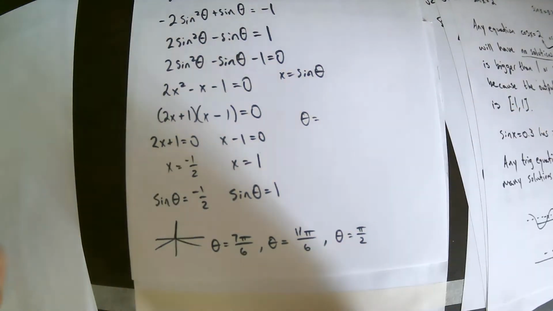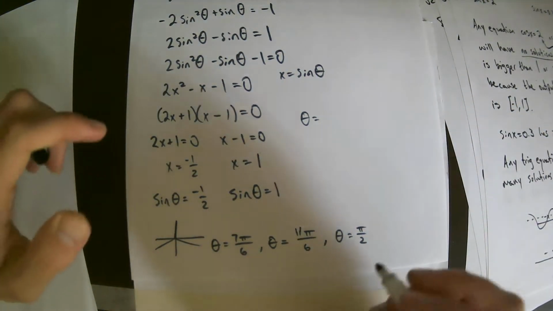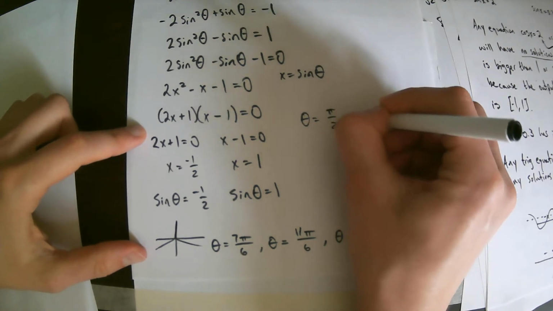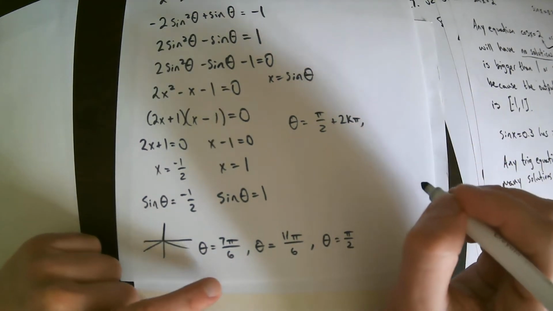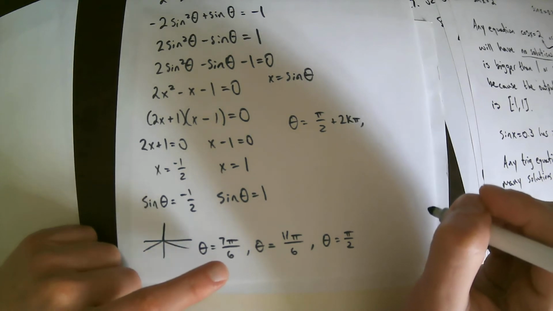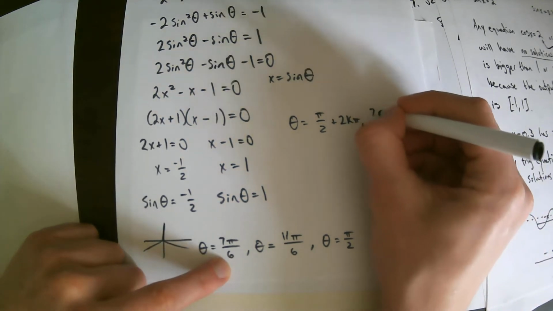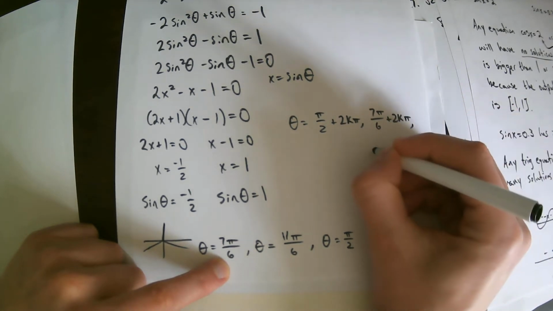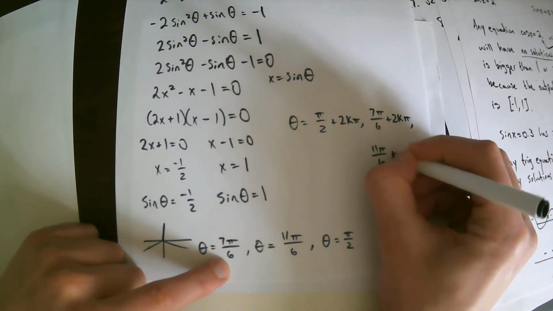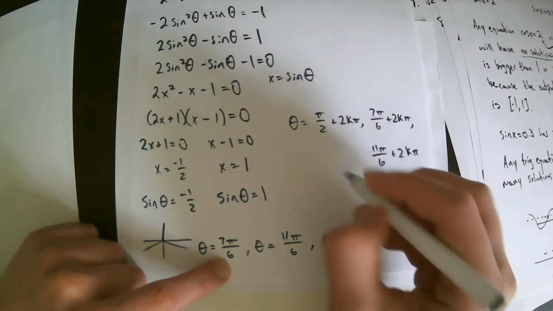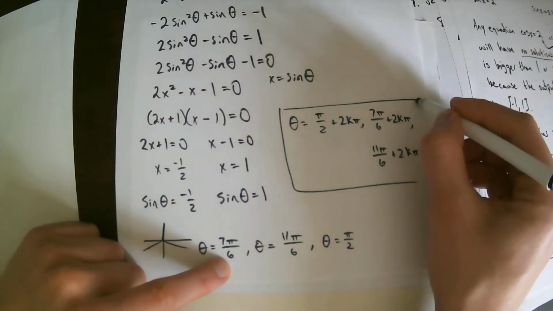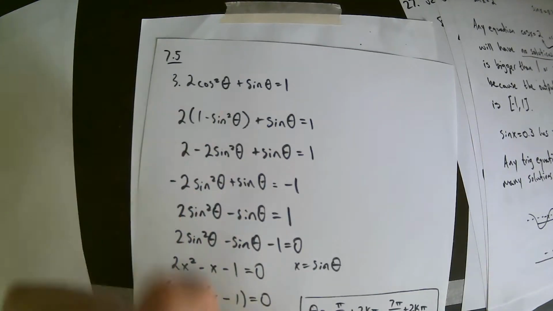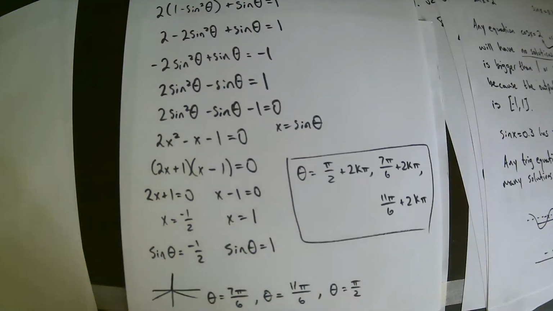So if they want it in order, you would say pi on 2 plus 2k pi, comma, 7 pi on 6 plus 2k pi, comma, 11 pi on 6 plus 2k pi. Those are the solutions to this equation.